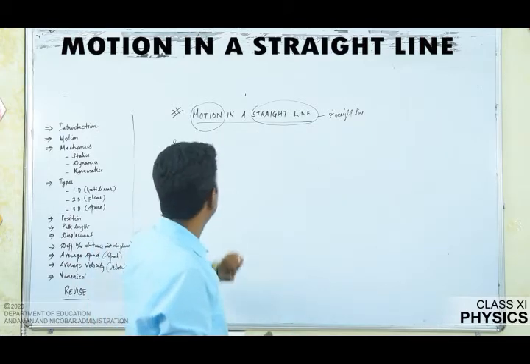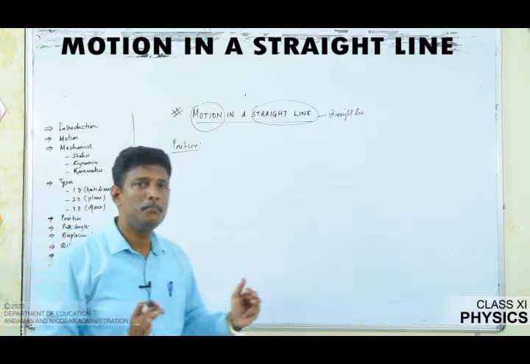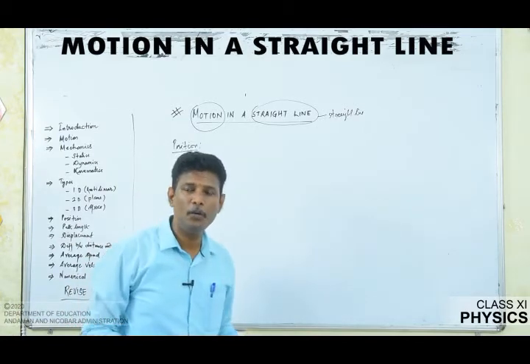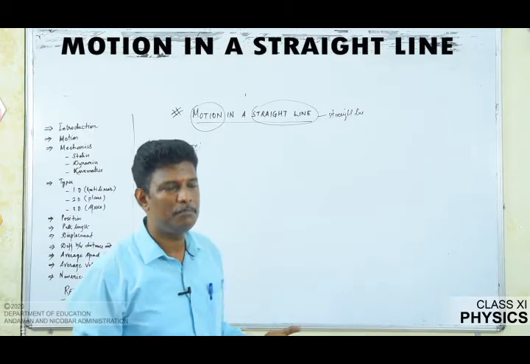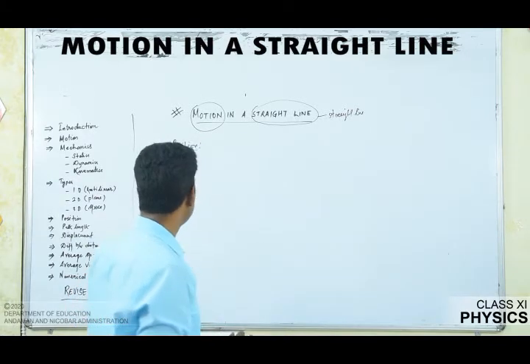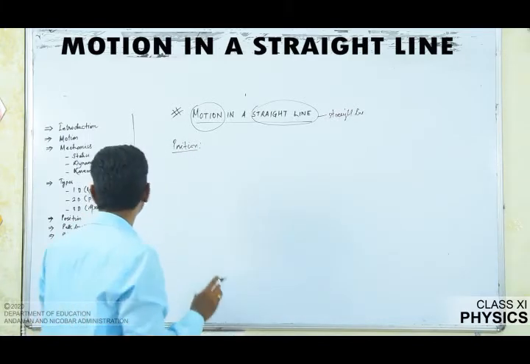Since we are dealing with motion, what is motion? Change in position. The word position comes in. Until we know the exact position of the object, we cannot go for motion. So, let us understand position, how it can be represented.